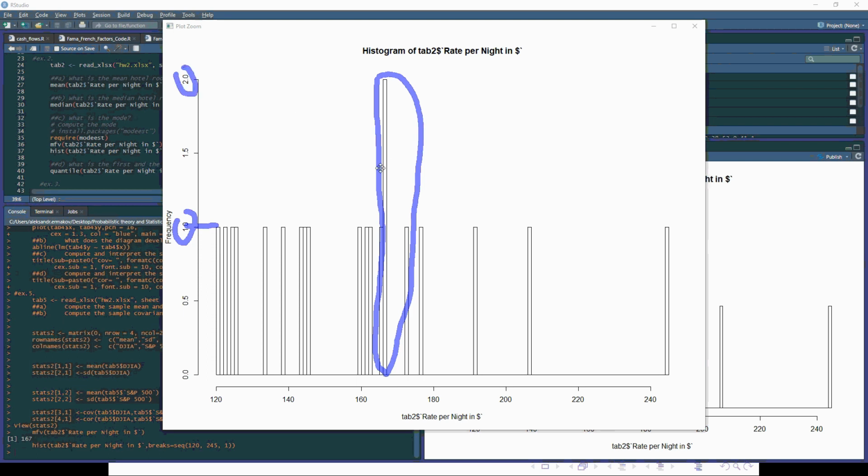Since it's the most frequent observation in our data set, we have to find the observation which appears twice. That is the intuition behind the whole exercise.